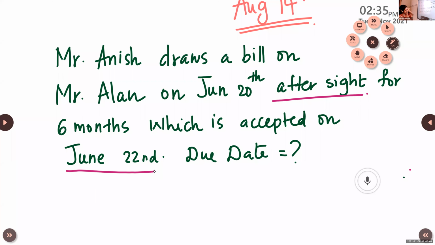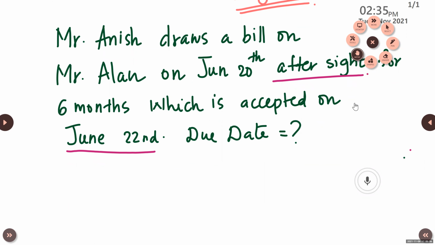Anish, Alan is going to pay you only in January, okay? I need it in December. When do you need the money? Anish, December 24th. Yes, Alan, you cannot postpone it to Jan. Okay, ma'am. Anish, tell him the explanation. How did you calculate the date?